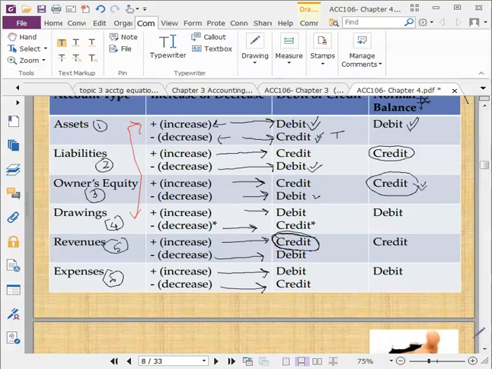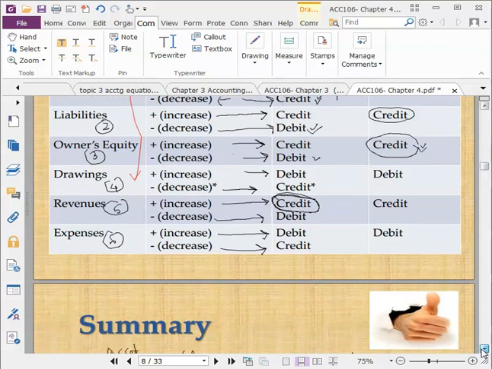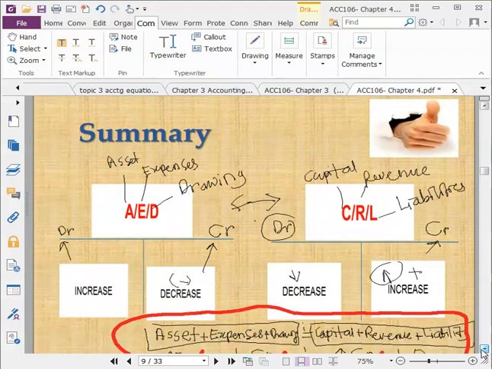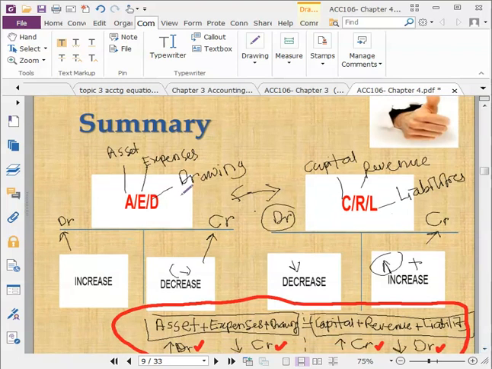Okay, very good. This is the summary of what I'm talking about regarding the formula. ADE, increase debit, decrease credit. This summary not only looks at the equation, but this slide also shows you the effect in the account, debit and credit.